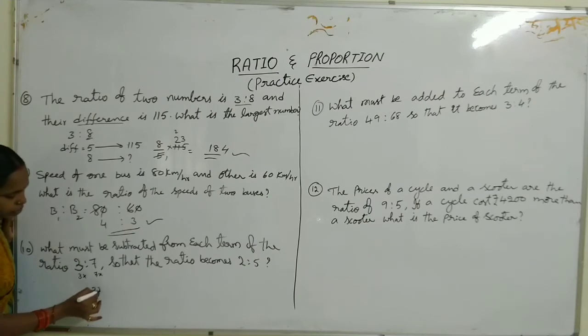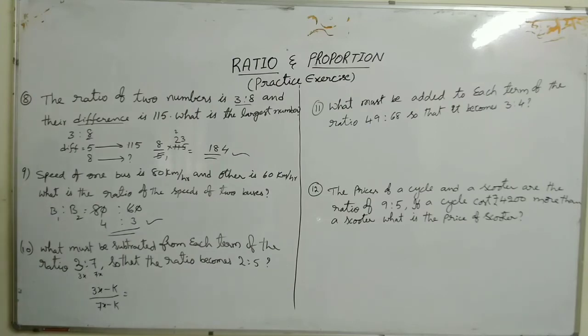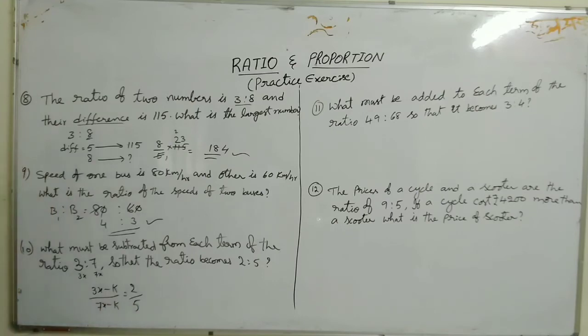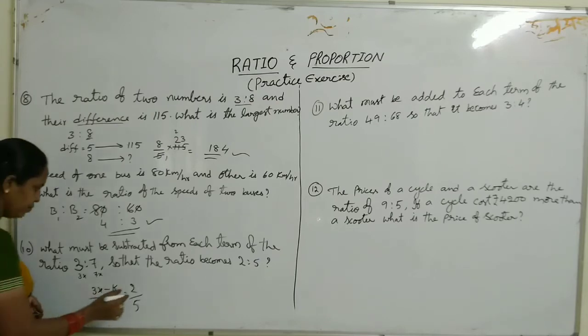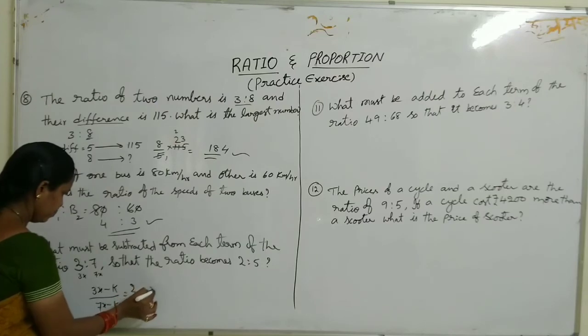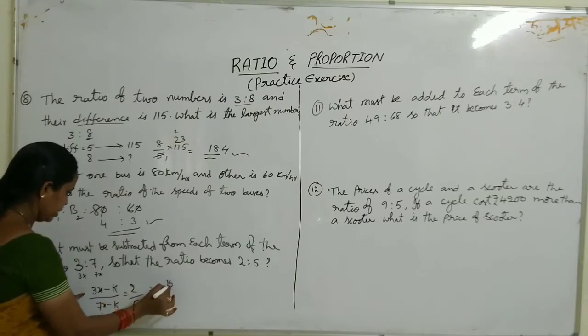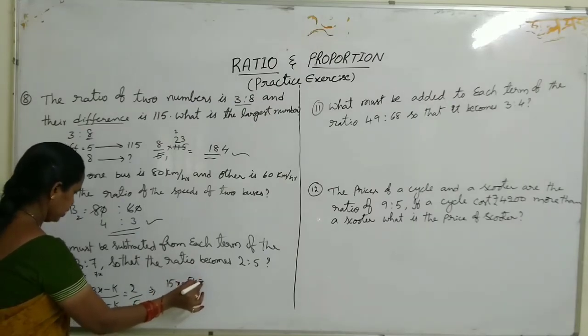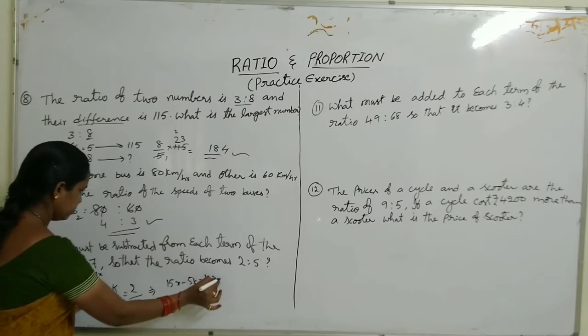So when we subtract some value k, 3x minus k by 7x minus k is equal to 2/5. Five threes are 15x minus 5k equal to 14x minus 2k.